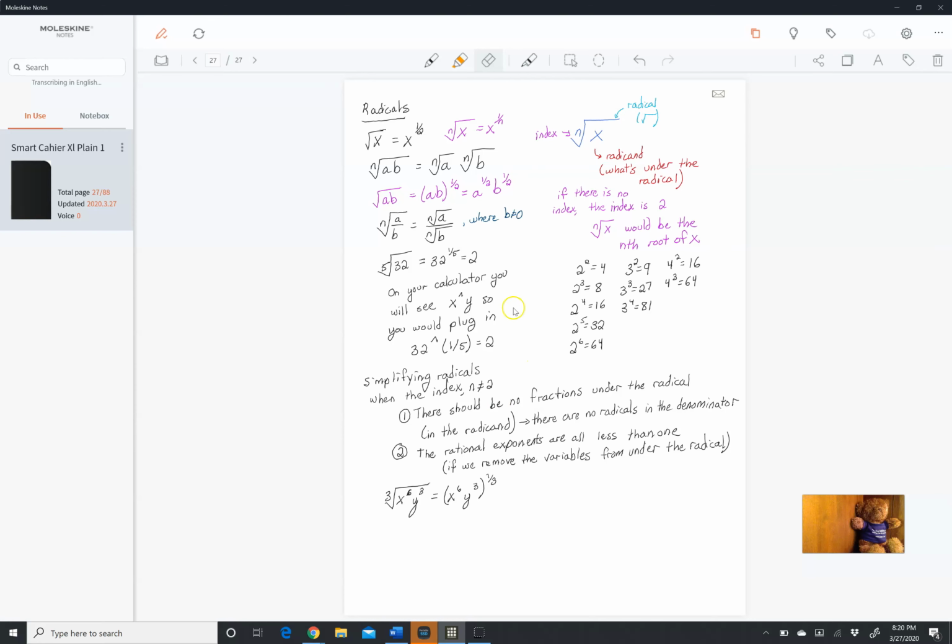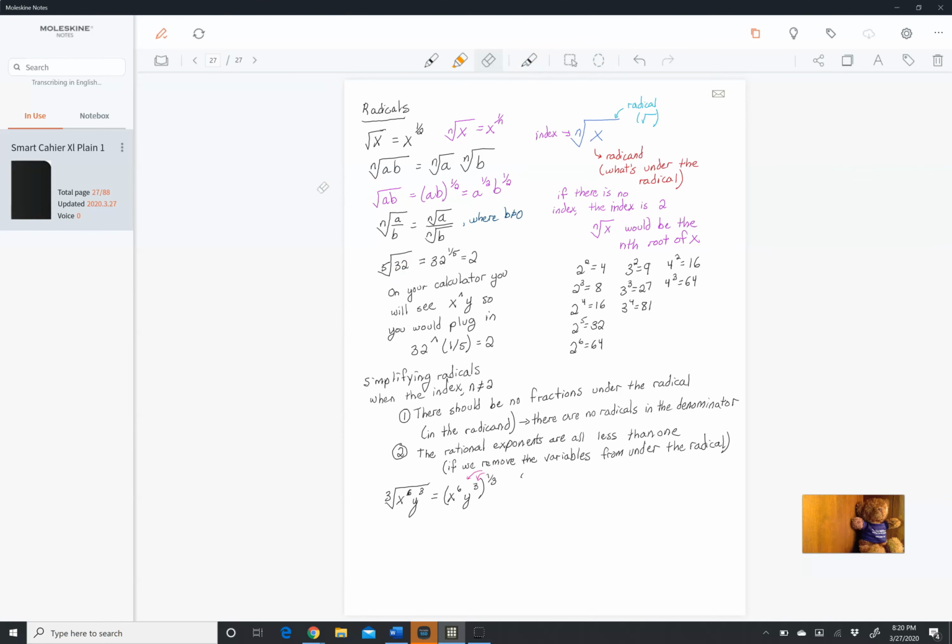So we can distribute that exponent, and we wind up with, I'm putting in a lot of extra steps here, but you should know that you can completely skip these 2 steps in the middle and go straight to the last step.